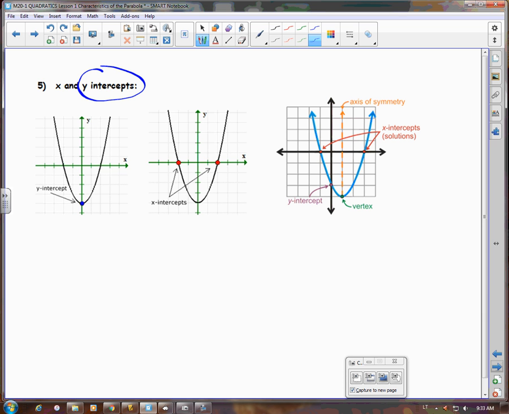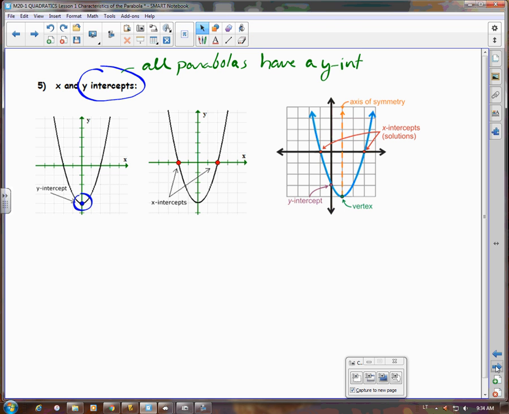When you substitute 0, you're evaluating where that y-intercept is. Depending upon whatever parabola you may have, your y-intercept will be where it will be. So all parabolas, or all quadratics, have a y-intercept.